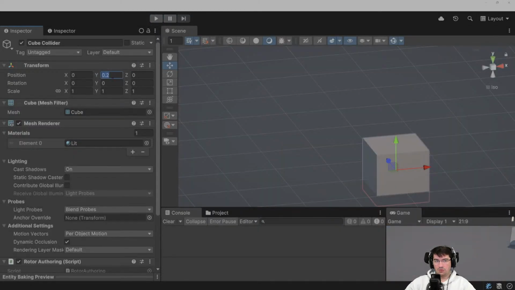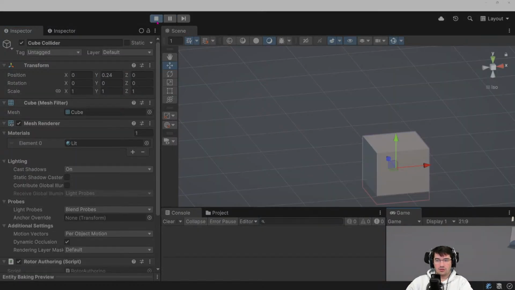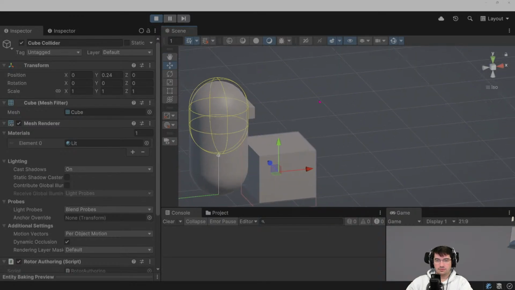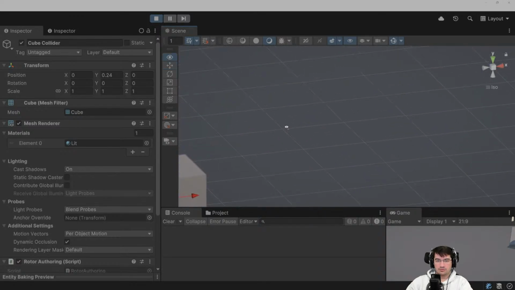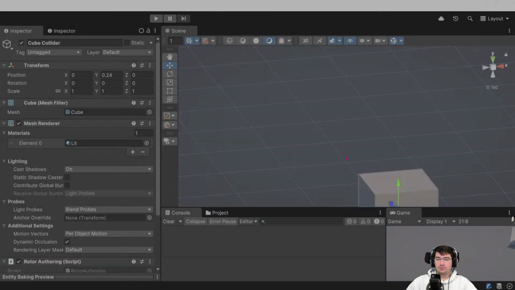Okay, 0.2 works. 0.4 doesn't. You should work.